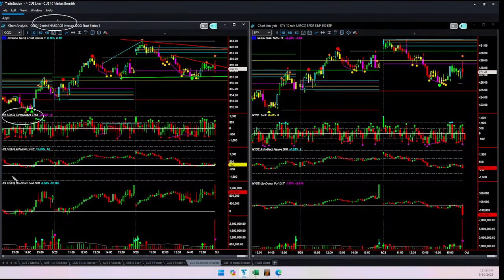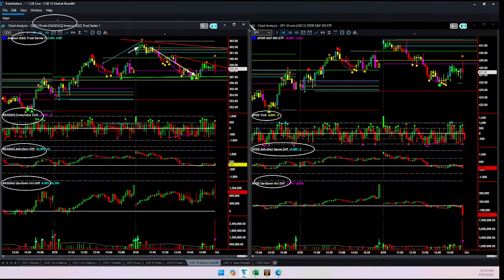I should highlight here. Nasdaq breadth on the left, NYSE breadth on the right. The ETF itself opened higher for QQQ and soon after that it quite rapidly came down.